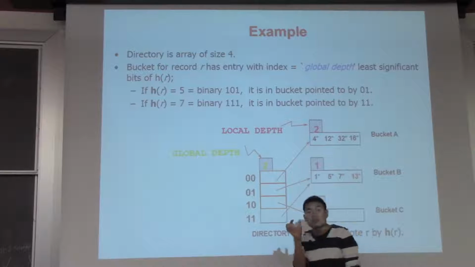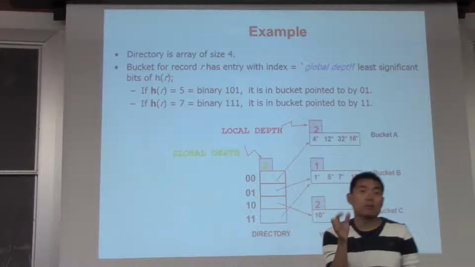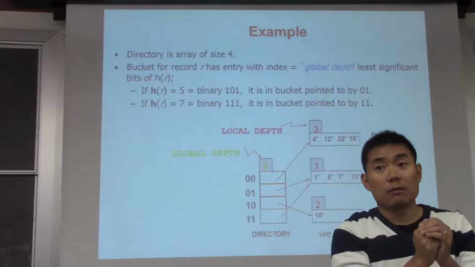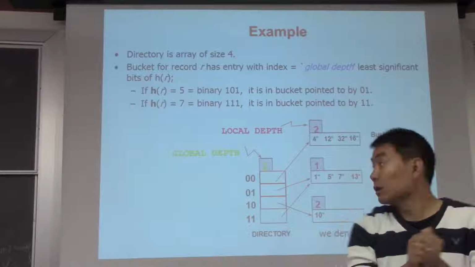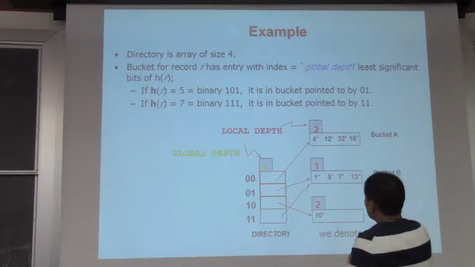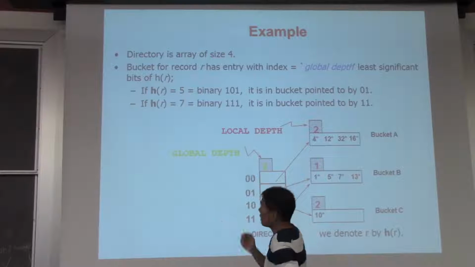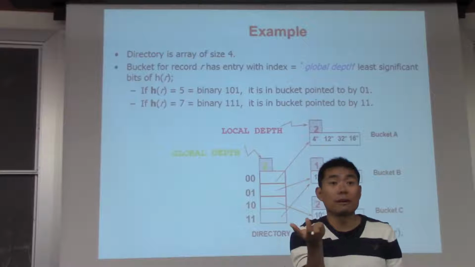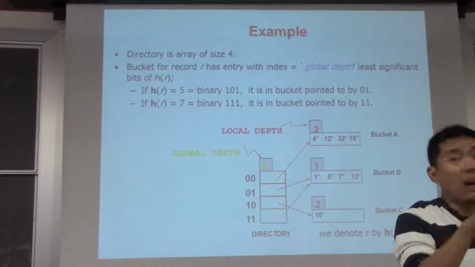Furthermore, the bits I'm talking about are not from the entries themselves. Rather, they are from the hashed value of those entries. Let's look at this example. If I hash a record R, basically a search key value R, and the output is 5.